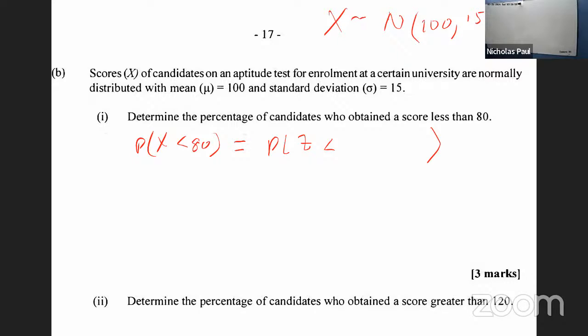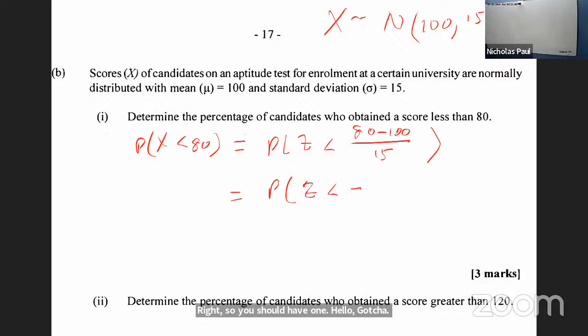Right, so you should have 80 minus 100 all over 50. That's the probability of Z is less than minus 1.33. Here's the problem though, the table doesn't give less than minus.